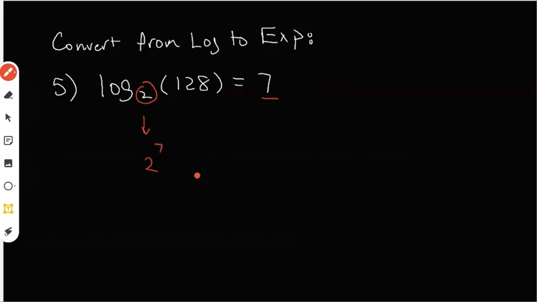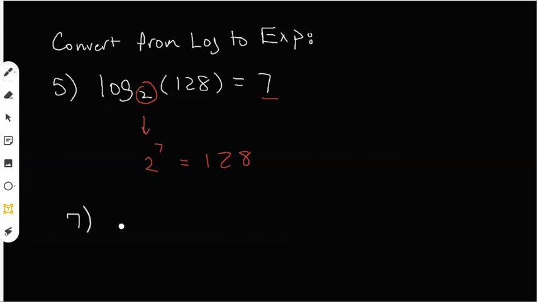That's going to be that 7. And then what is 2 to the 7th power equal to? 128. That's the number on the inside of the parentheses. That's our result, right?